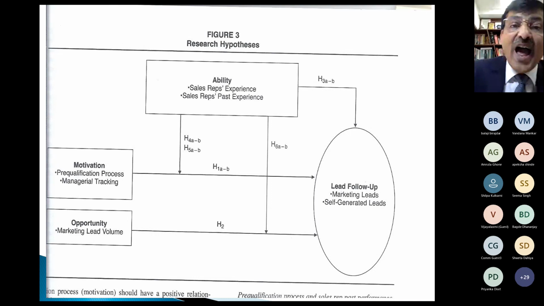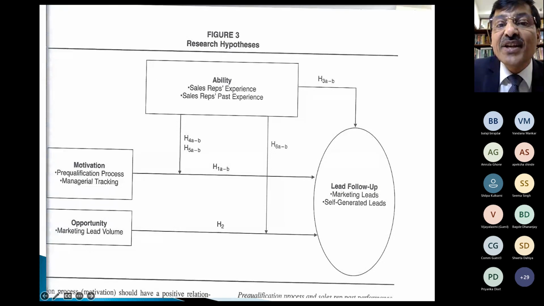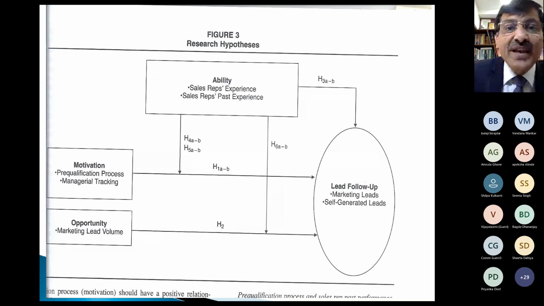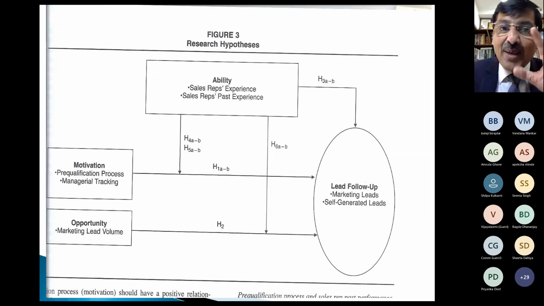One is the ability of that sales representative, which they operationalized as the sales representative's years of experience, 5 years, 10 years, 15 years, whatever, and the sales representative's past experience in which industry. So ability was one factor.